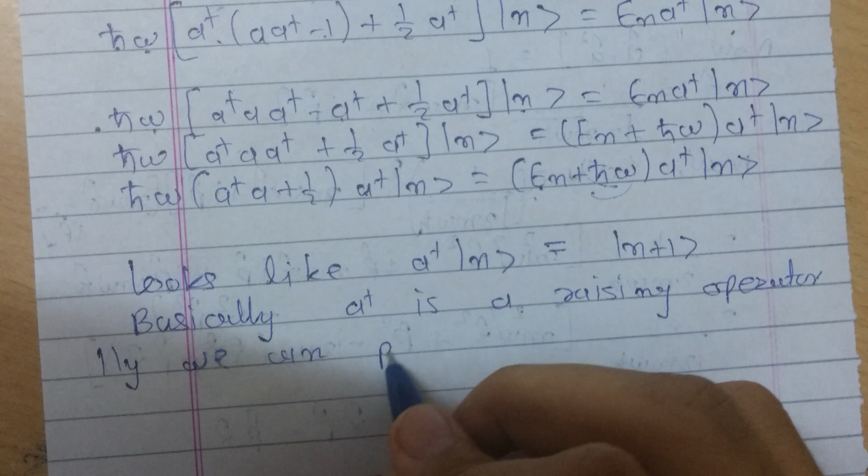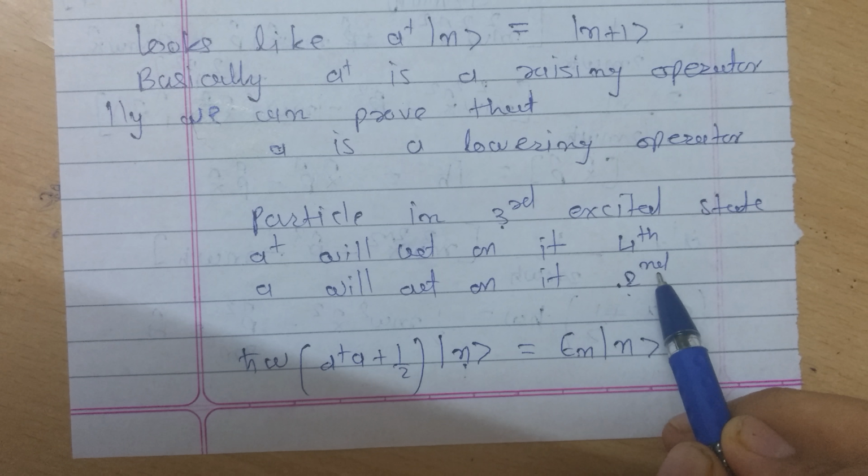Which means if there is a particle in the third excited state and the operator a dagger acts on it, the particle will go to the fourth excited state, and if a acts on it, the particle will be in the second excited state.